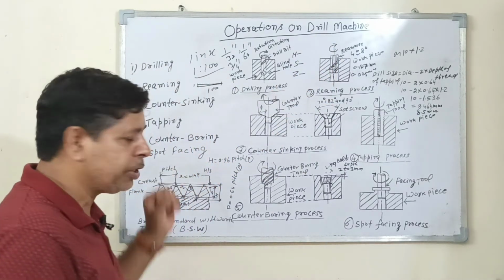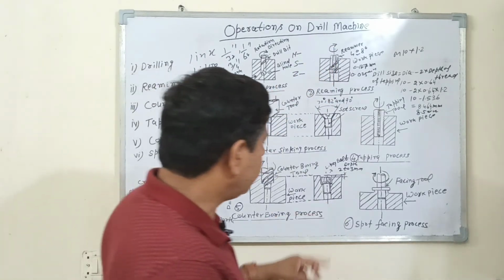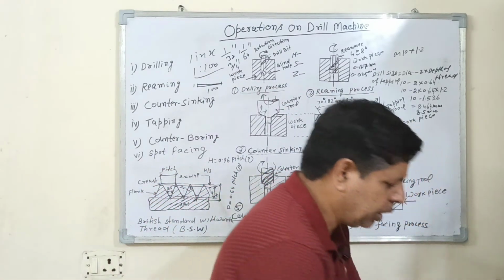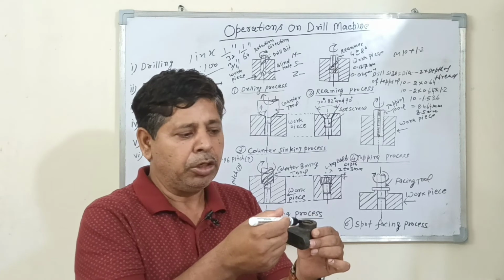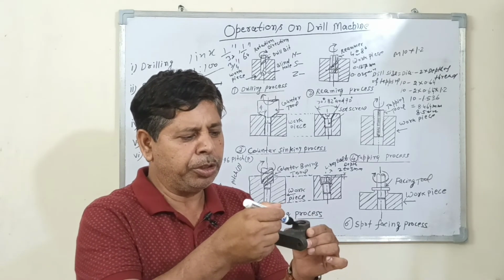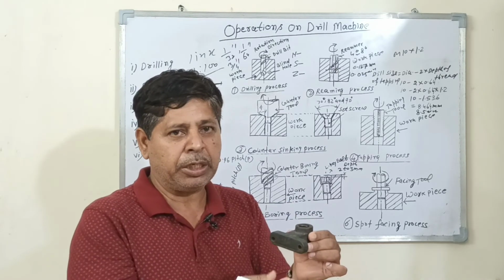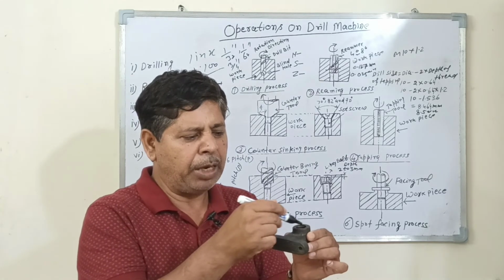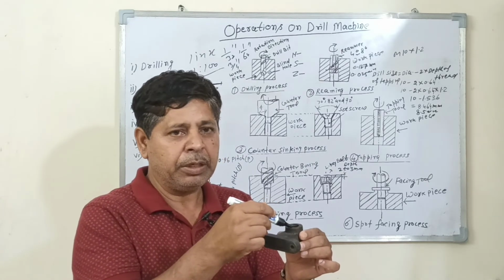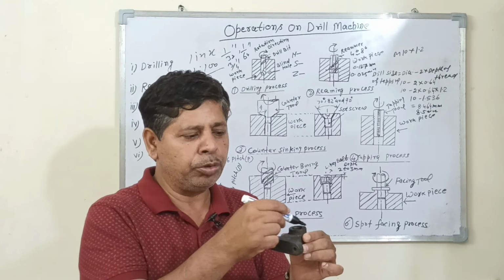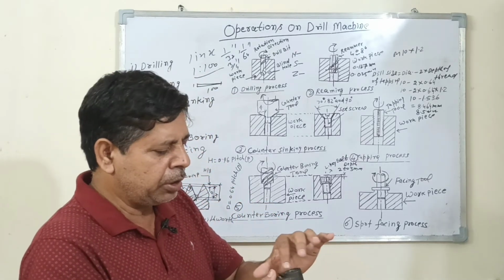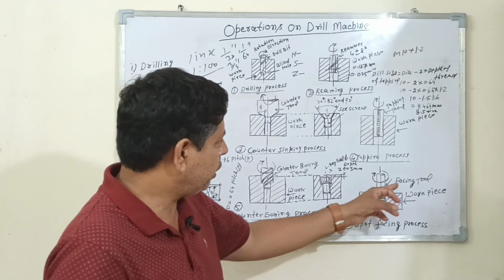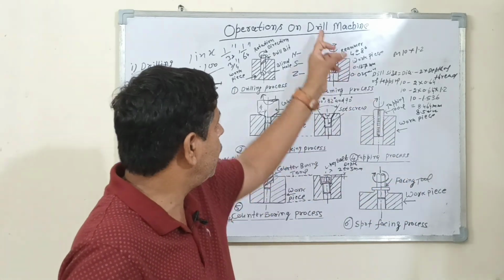Last is spot facing. Spot facing means this is a machine part with excess material. So how to remove this material? The material can be removed by milling or by the use of a lathe machine, and this area can also be finished by the facing tool on a drilling machine.